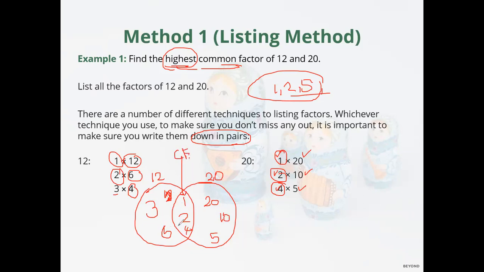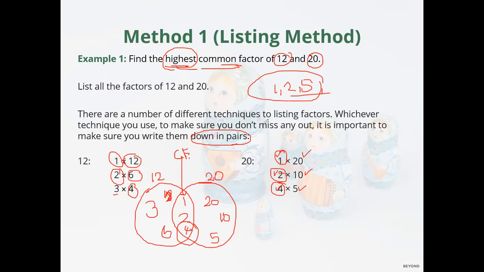And in this group of common factors, which is your highest common factor? 4, exactly. Can you see that? That's right, Danya. 4 is your answer for the highest common factor between 12 and 20.